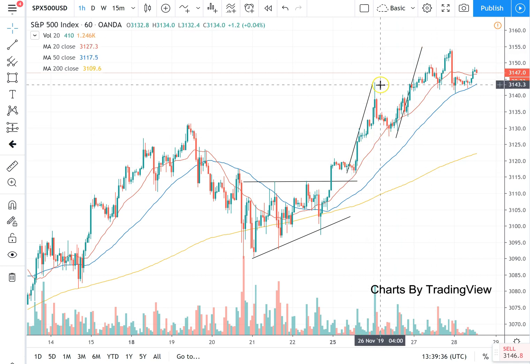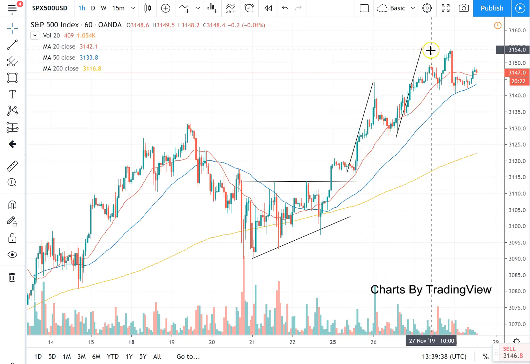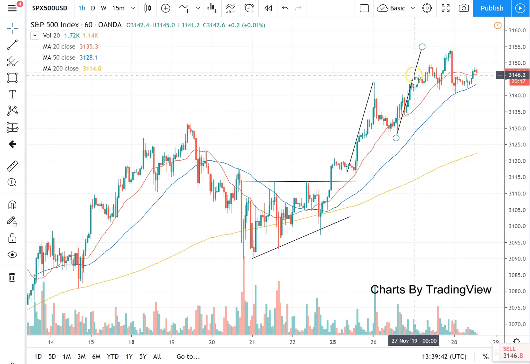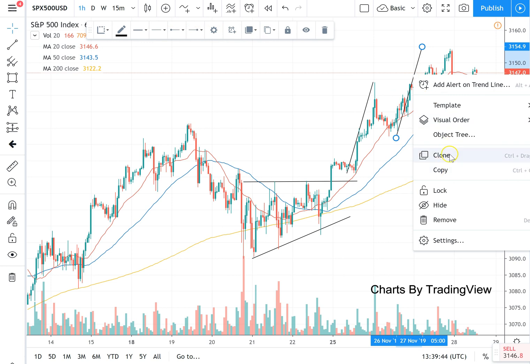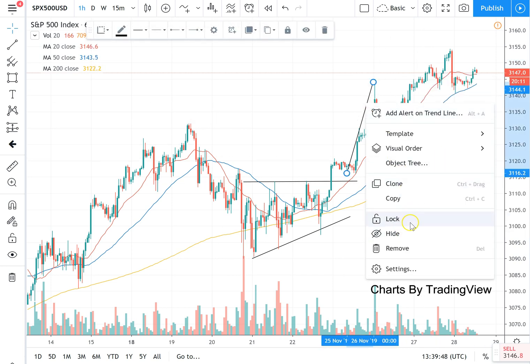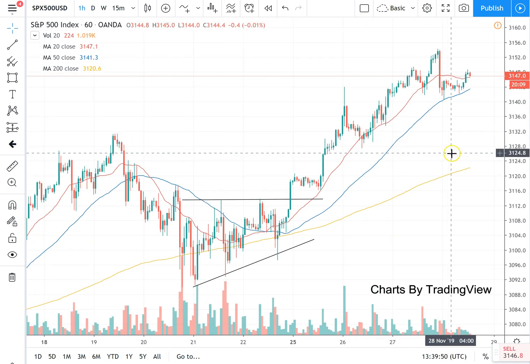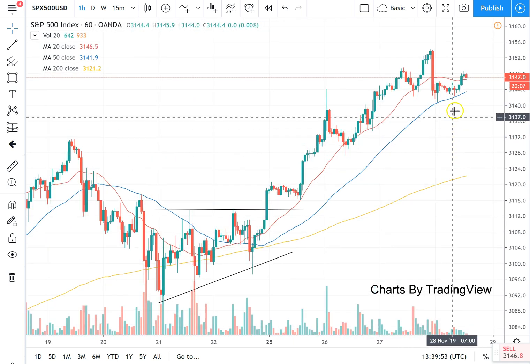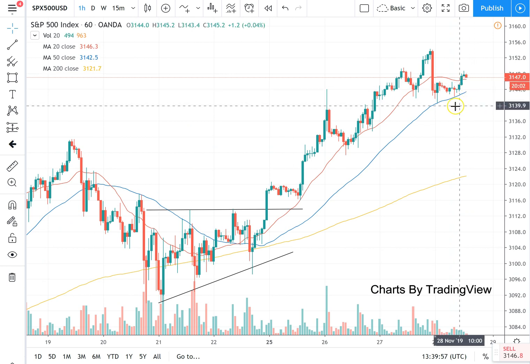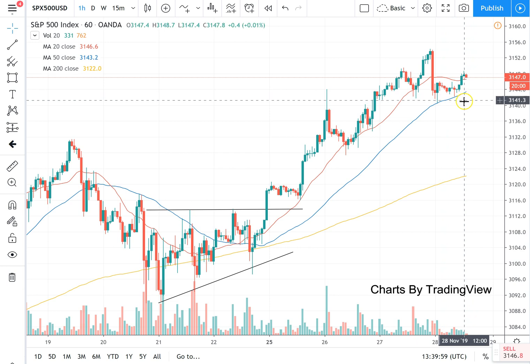It has actually met the measured move target, and then it collapsed. So right now, I would say that the S&P 500 is a bit extended, and there is a possibility that there might be a correction if it drops below this 60-minute 50 MA.